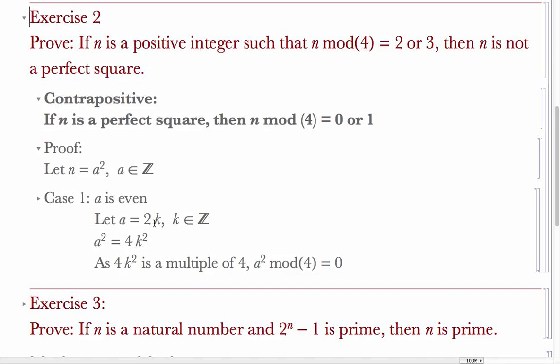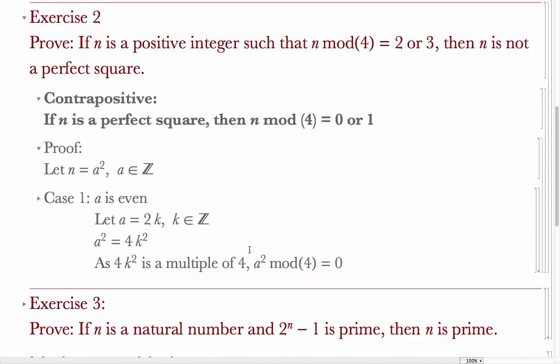If a is even, we're going to write that as a equaling a multiple of 2, k standing in for that multiple. And we notice right away the relationship between the squaring and the number 4. If a is 2k, then a squared, of course, is 4k squared. And we see, oh, a squared is a multiple of 4.